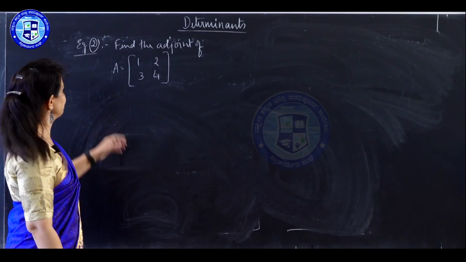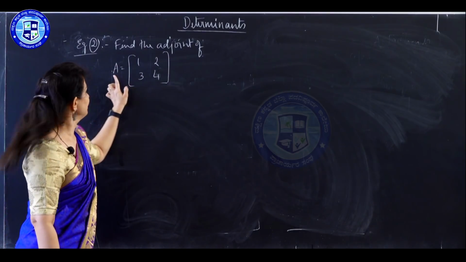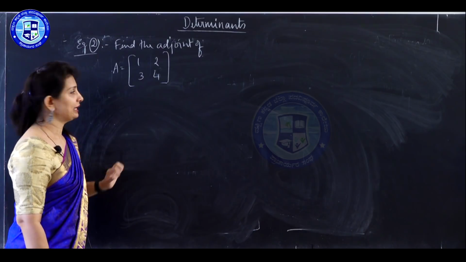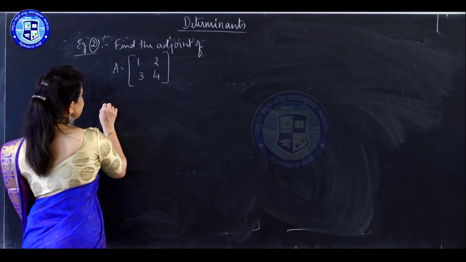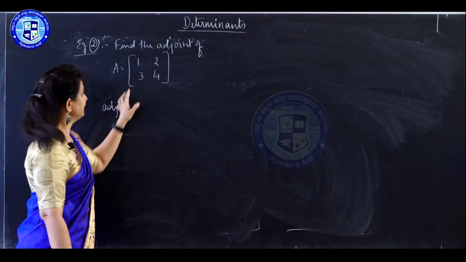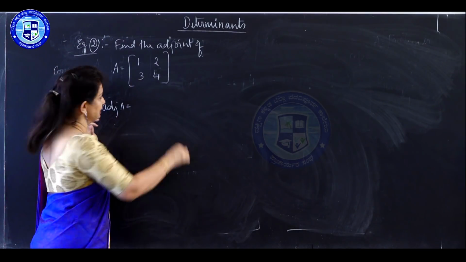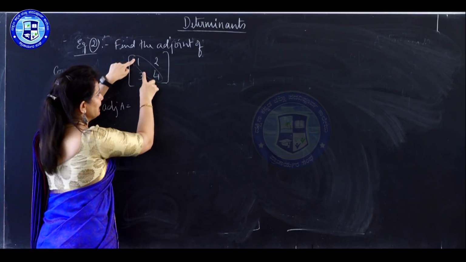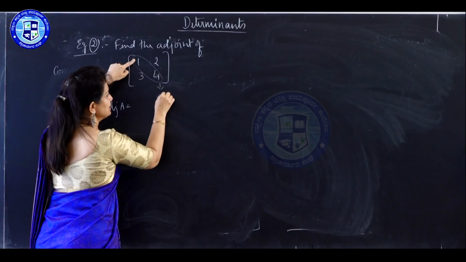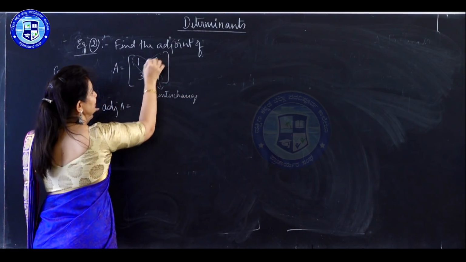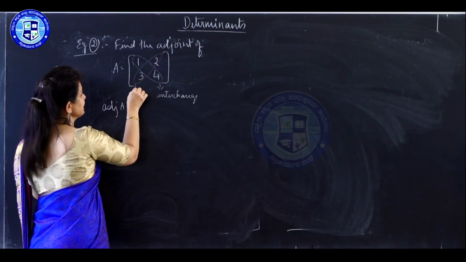Look at the next example. Find the adjoint of the square matrix A equal to 1, 2, 3, 4. Okay. So, how to find the adjoint? Adjoint A, we can find directly by interchanging the diagonal elements and changing the sign of the other two off-diagonal elements.